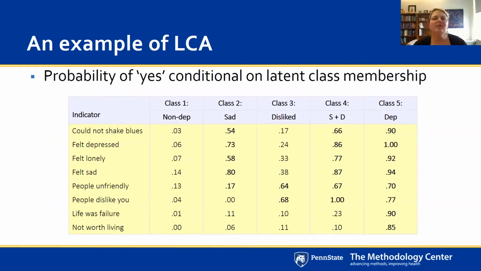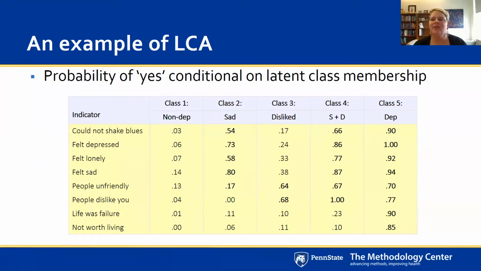So if you look in the first column, class 1, what you see is that participants who were in class 1 had very low probabilities of responding yes to any of those indicators. For example, they had a 3% chance of responding, yes, I could not shake the blues in the past 2 weeks. Because the item response probabilities are low across all of the items, that's how we come up with the label of non-depressed. They're not very likely to endorse any of those questions or criteria.